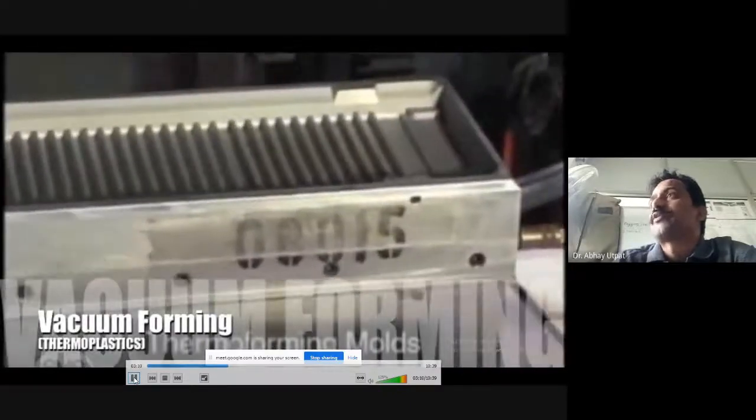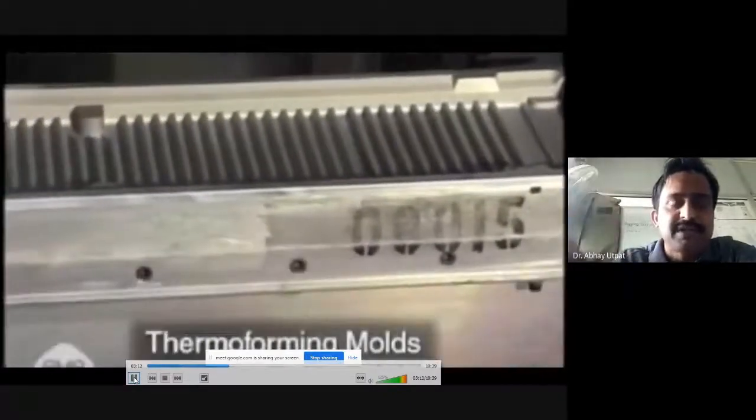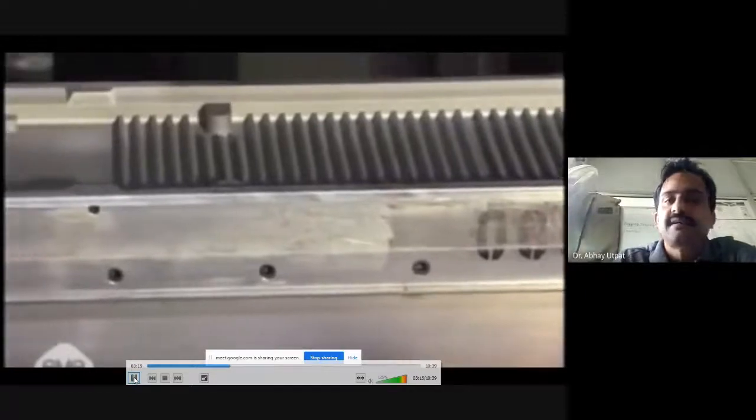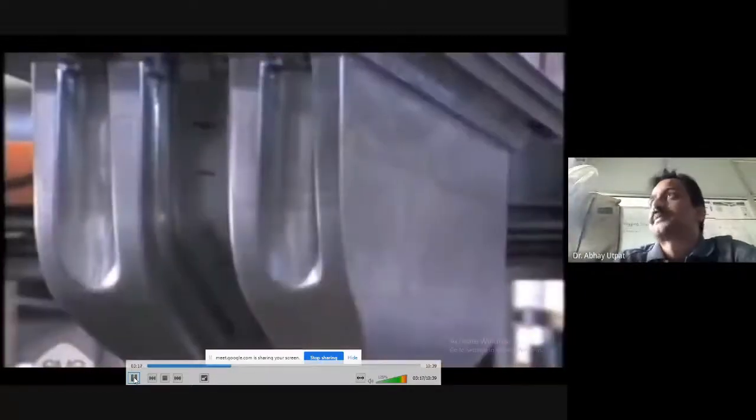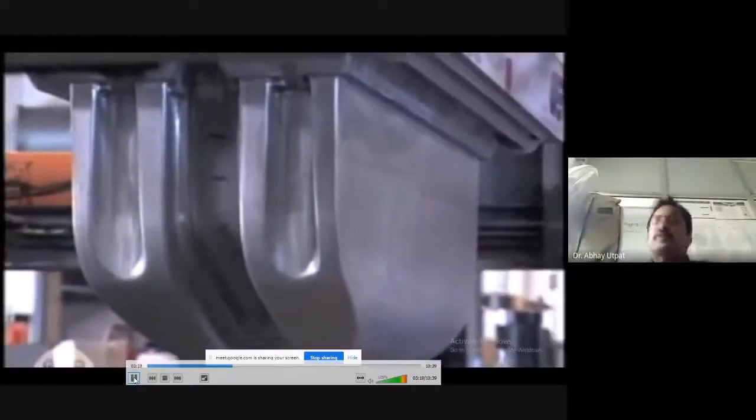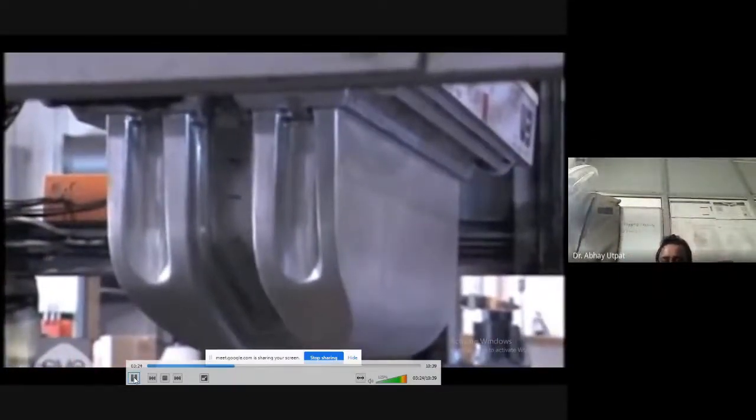Then vacuum forming. It is not part of your syllabus, but just see it as content beyond the syllabus. Large dashboards are prepared by this vacuum forming process.